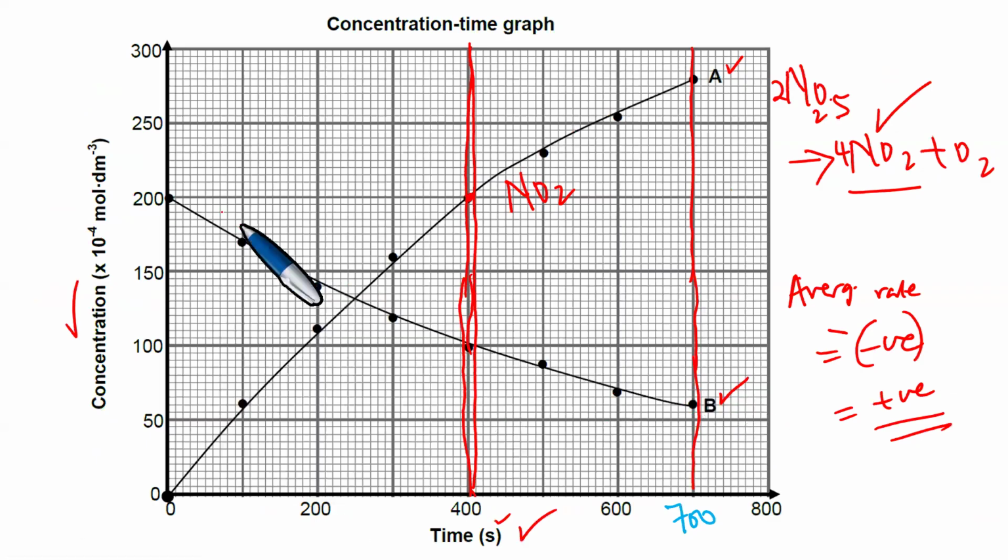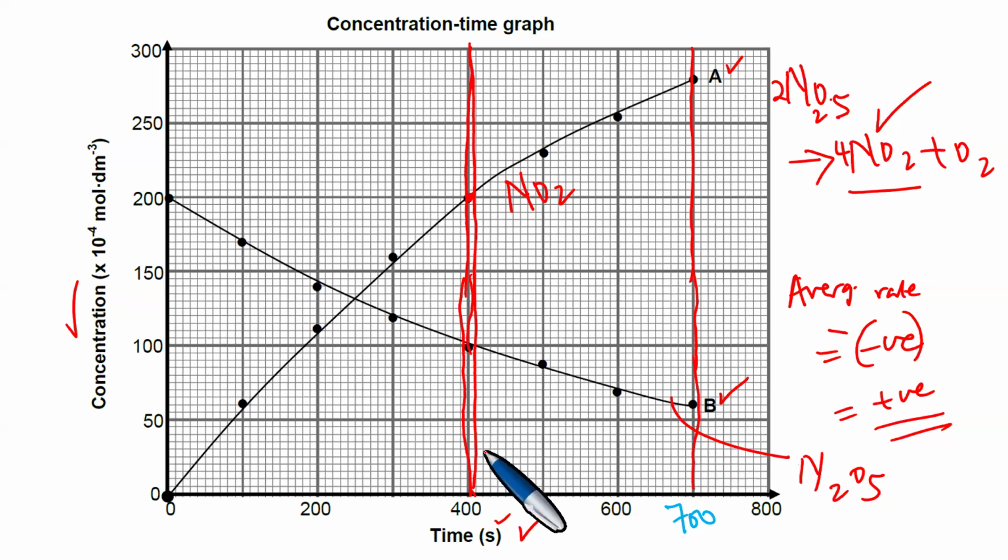I decided we're going to choose B. We're going to use A also. But B is showing a decrease in concentration, meaning that it is our reactant that is undergoing a decrease in concentration. So we've put a negative because the graph is running down slope. Its gradient is negative, but we need a positive average rate, so we must put a negative so that we'll have a double negative giving us a plus.